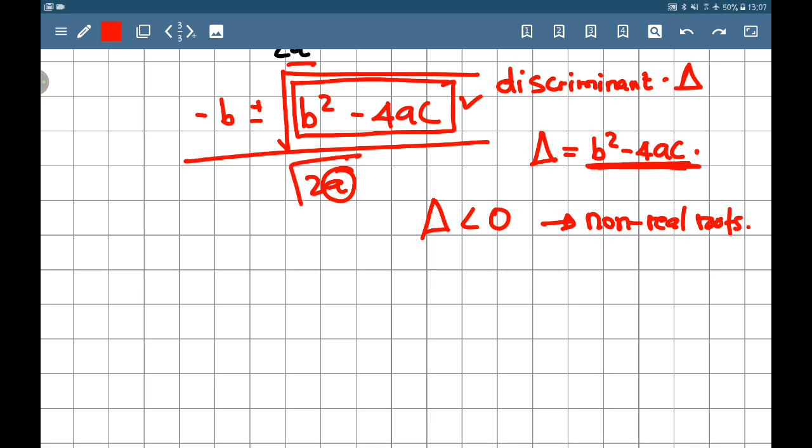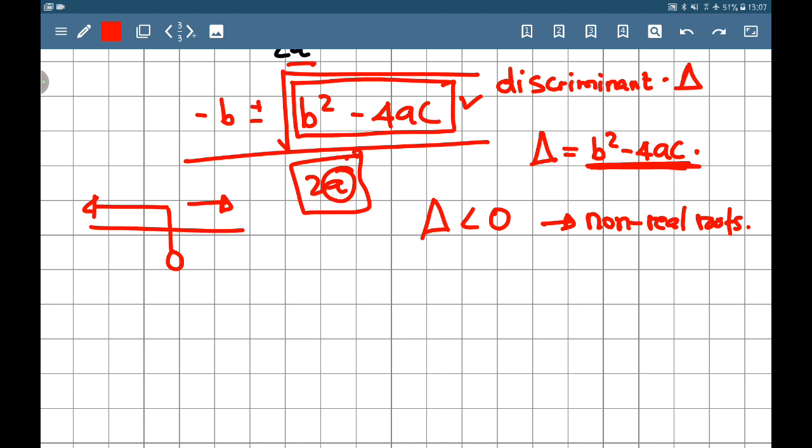So in addition to this one, we said if a was 0, we're going to get non-real roots. Again, if the discriminant is less than 0, remember, anything that is less than 0 is negative, right? Remember the number line. If you have 0, everything on the right-hand side is greater than 0, and everything on the left-hand side is less than 0.